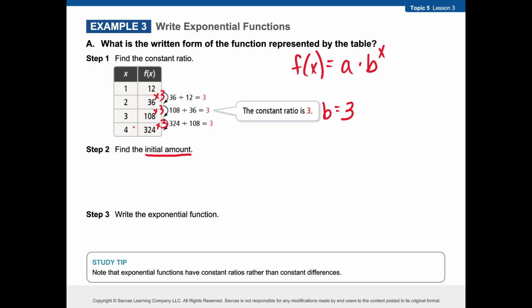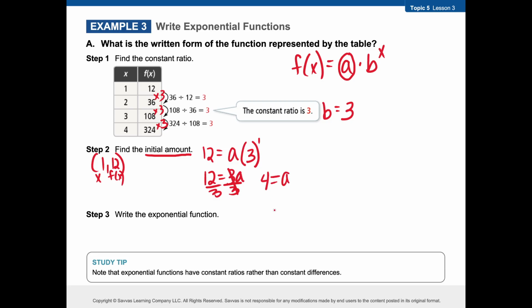Now to find the initial amount, it's finding A. It's kind of like finding A in all the other forms. Pick an ordered pair. So I'm going to use 1 comma 12. So 12 is my f of x. So 12 equals A, which is what I'm trying to find, times B, which is 3, to the x power, which is 1. 3 to the first power is 3, times A is 3A, and then divide.